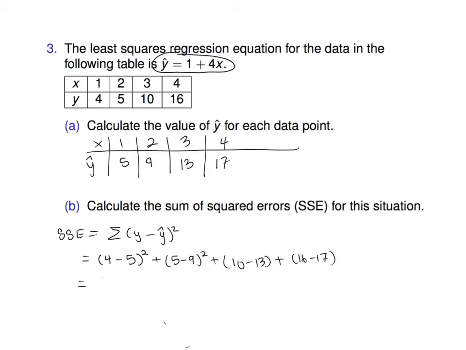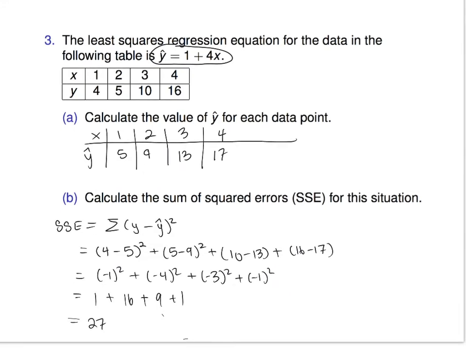So this is negative 1 squared plus negative 4 squared plus negative 3 squared plus negative 1 squared, which is 1 plus 16 plus 9 plus 1, 27. So that's our sum of squared errors.